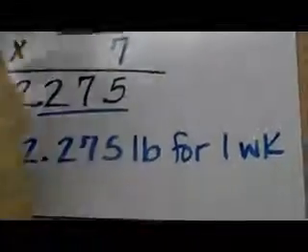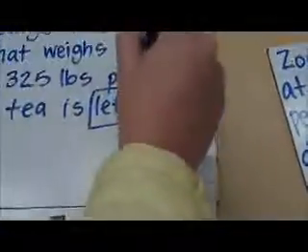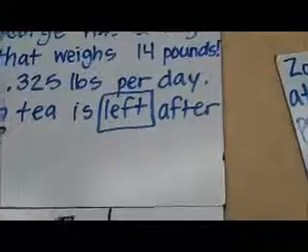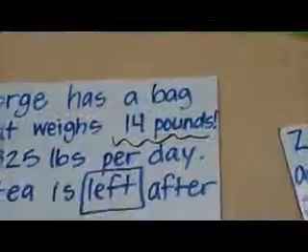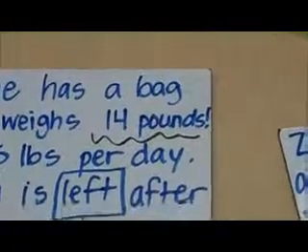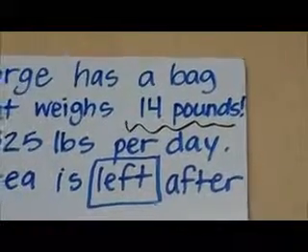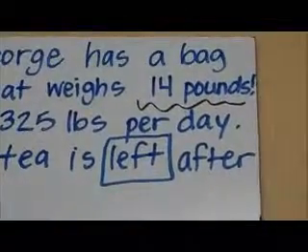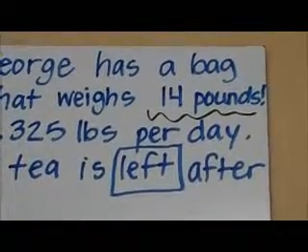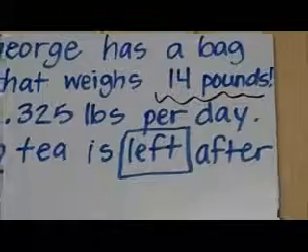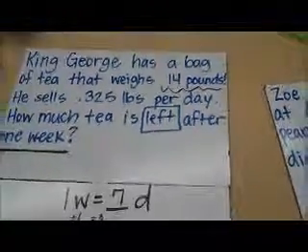And I want to know how much is left after 1 week. So that's where this piece of information comes in handy, because he had 14 pounds. Okay, and we know that he actually sold a total of 2.275 pounds in a whole week. Okay, so since we want to know what's left, that tells us that we are going to subtract.